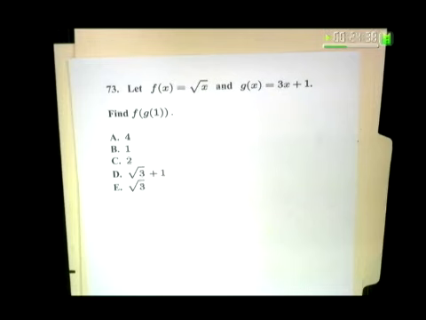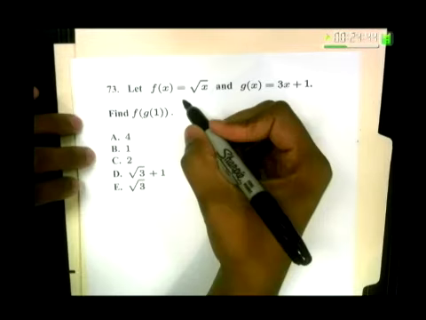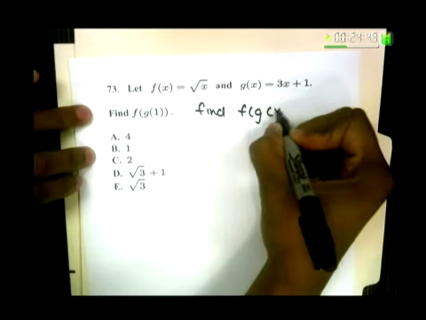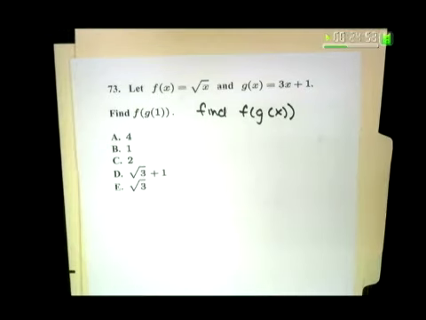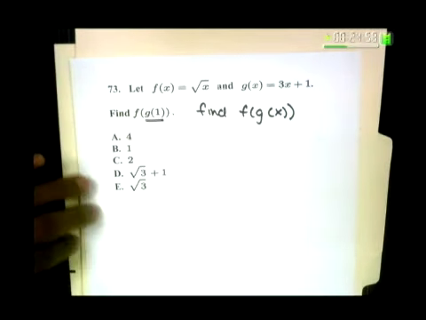It's still composition of functions. There are two ways you could do this. We could find f of g of x and then evaluate that at x equals 1. But we're just going to go straight: we're going to evaluate g of 1 first, and then we're going to evaluate f of g of 1.